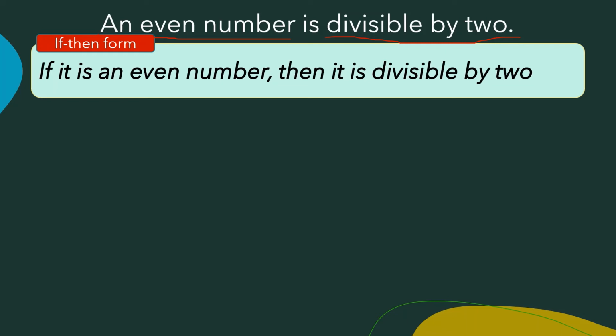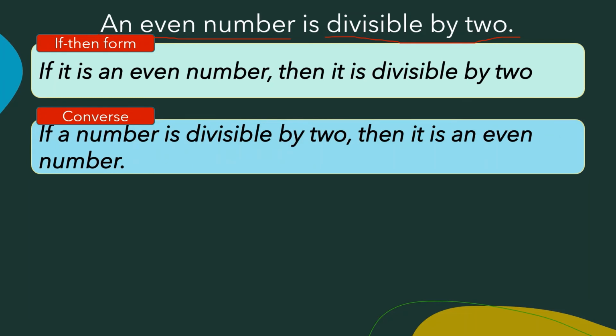Now, what is its converse? Excellent! The converse statement is, if a number is divisible by 2, then it is an even number. How about its inverse? Inverse is negating the original statement.